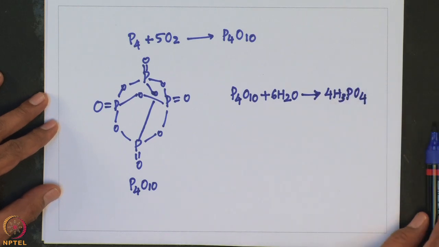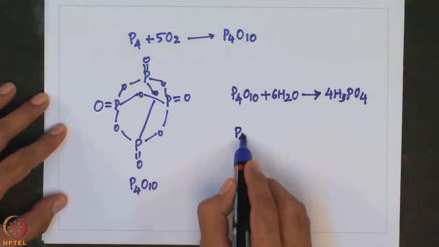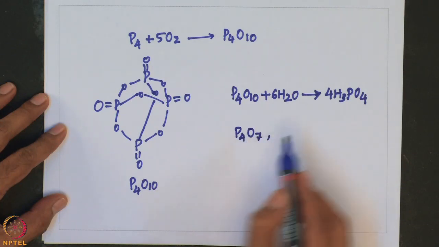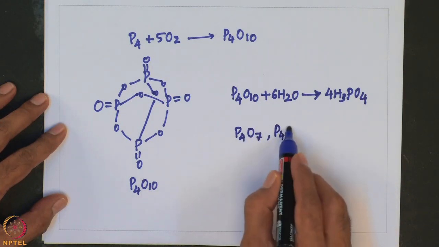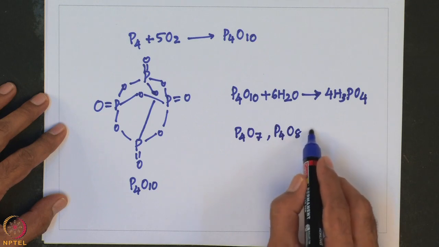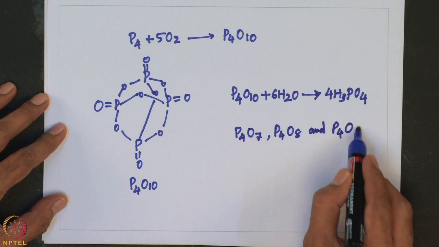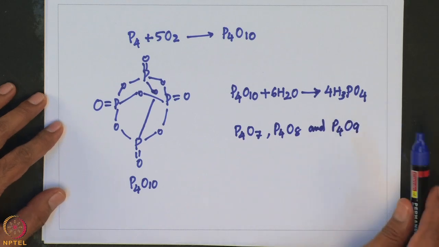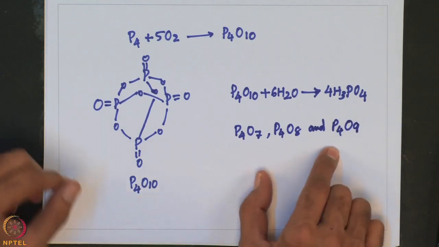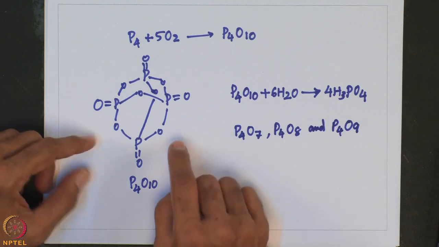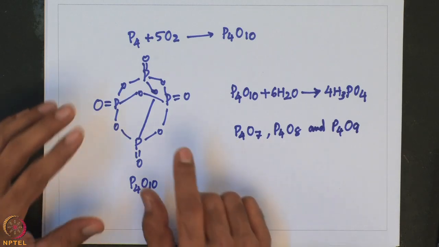Okay. There are 3 other oxides of phosphorus. They are essentially P4O7, P4O8 and P4O9. Of course, these 3 structures are related to P4O10 as well as P4O6.